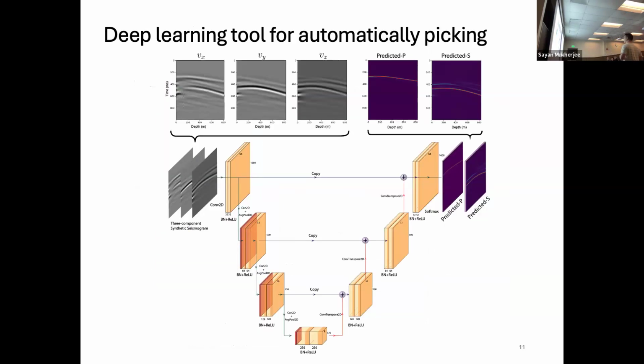So I asked for some help from deep learning to develop this automatic picking algorithm or tool. It uses a pretty classic UNet convolutional neural network. On one side, it takes in the 3-component synthetic seismograms X, Y, Z, and it will output the predicted P wave arrival and shear wave arrival.